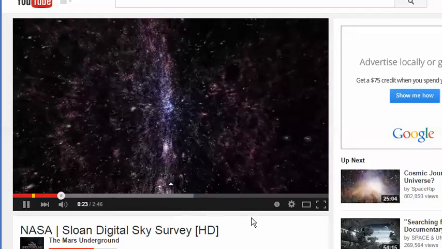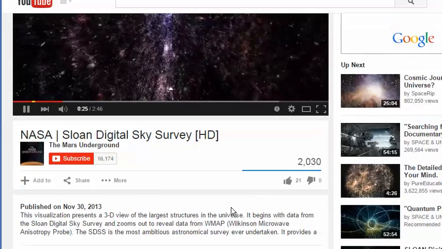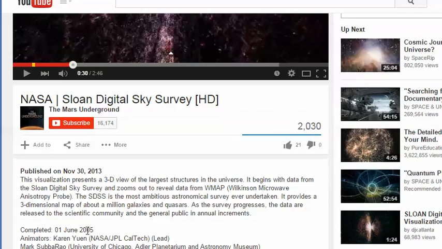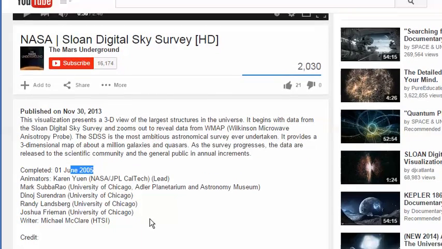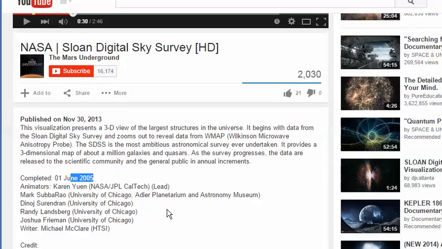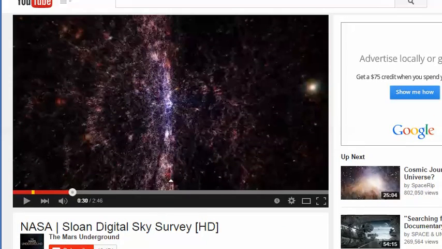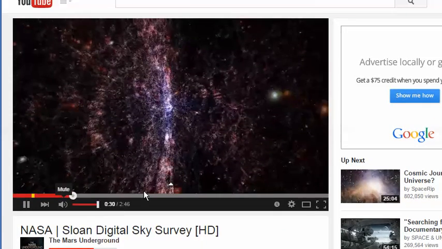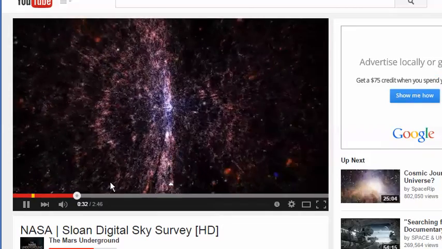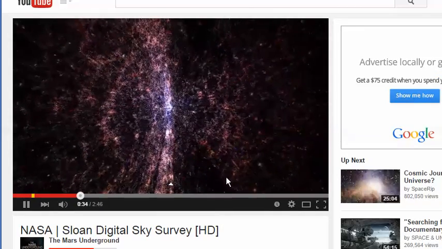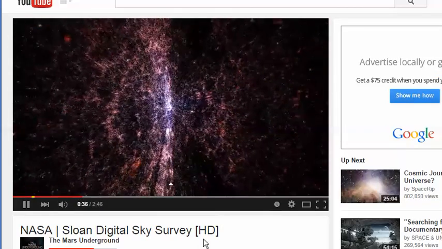And this, I think, shows how it was in... wow, this is just completed after June 2005. So this is from their original set of data. They've collected a lot more since then. But that original set of data mapped 20% of the sky out to a redshift of about 0.15.